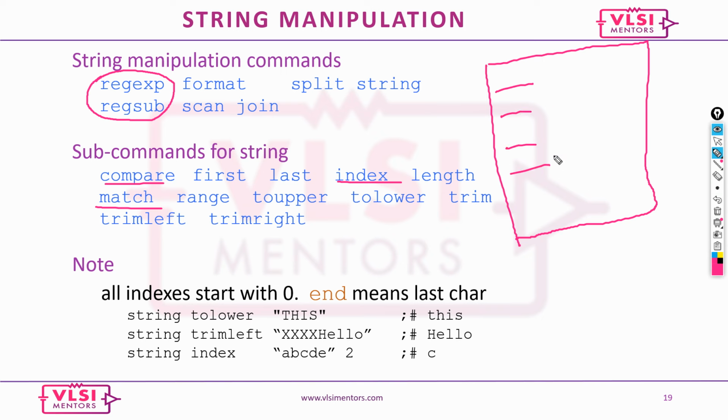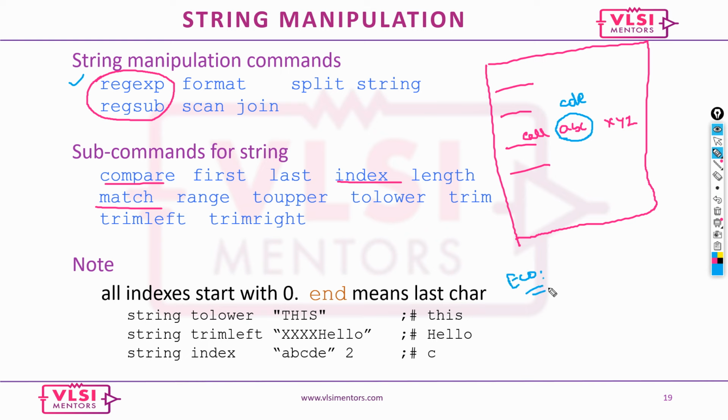Assume this line has cell A, B, C, X, Y, Z, something like this. Now you want to find this ABC, you can use a regular expression, which is pattern matching, and you want to find ABC and replace it with CDE. Simple, right?